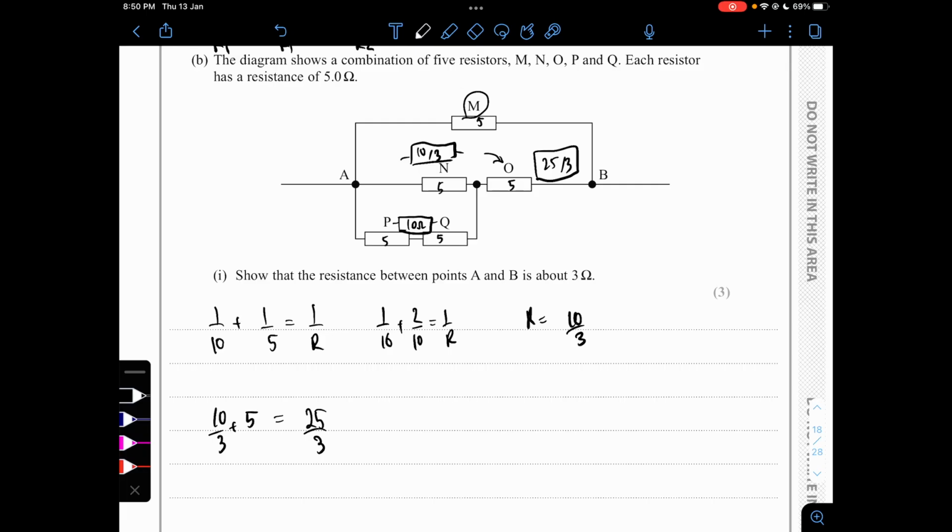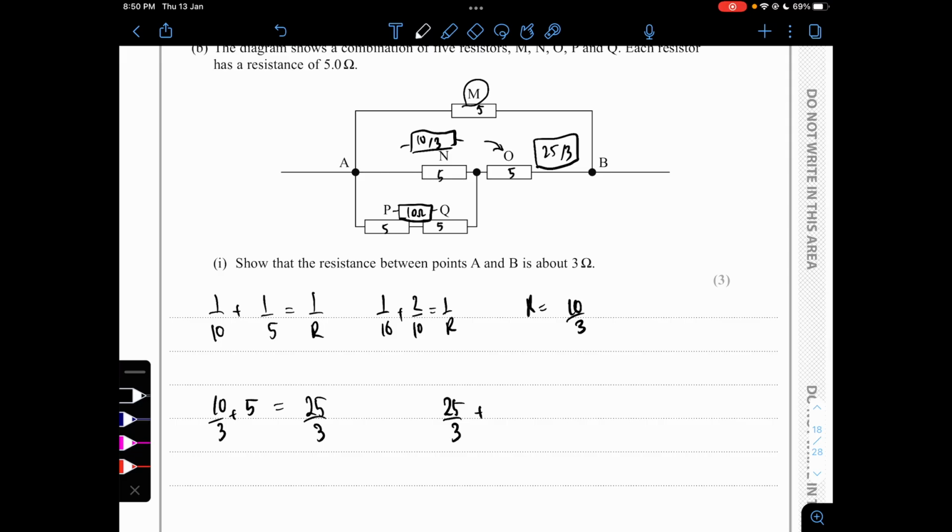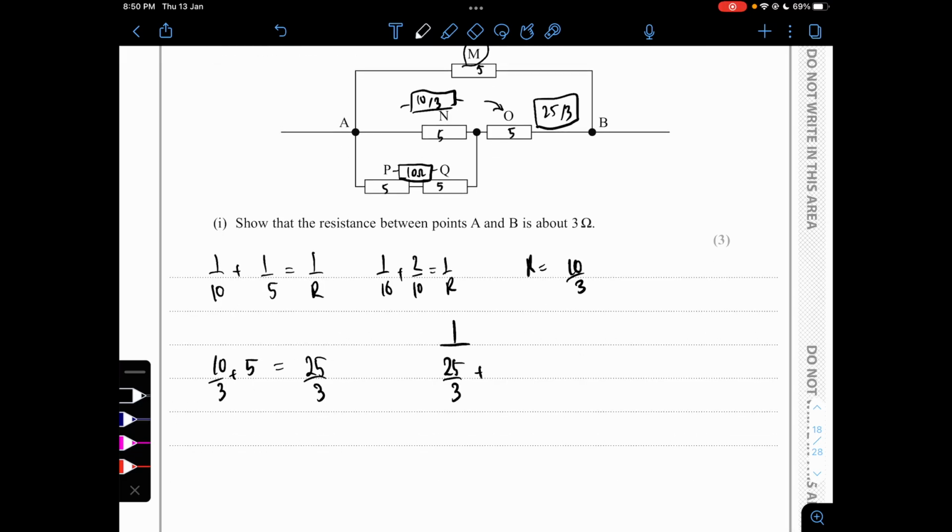This is 5. So now what? We do 1 over R plus 1 over 5.